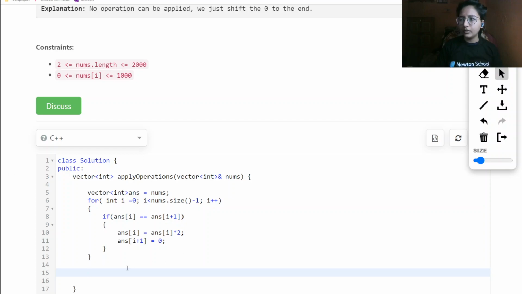We will be storing the last non-zero element position, initializing it with 0, and then we require one more variable which will be keeping track of our current element, each and every element, so that we go ahead with the same.